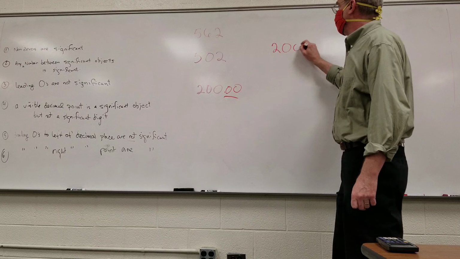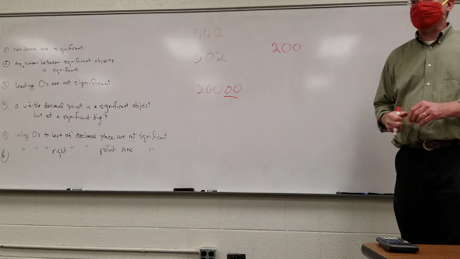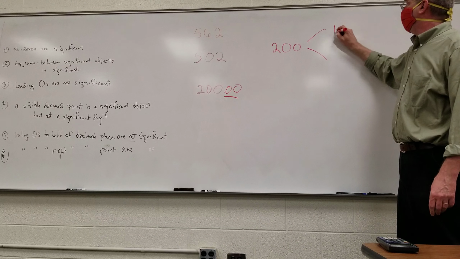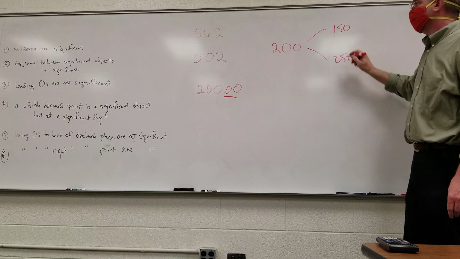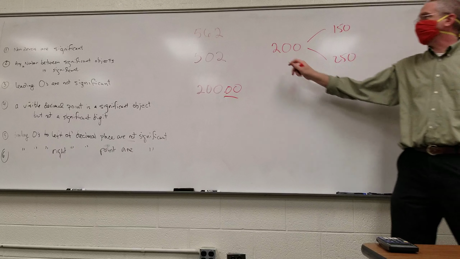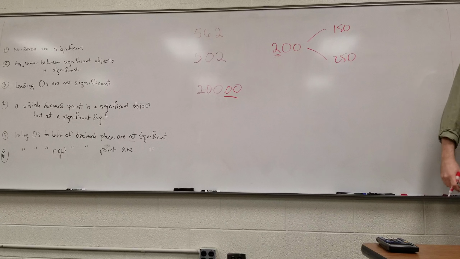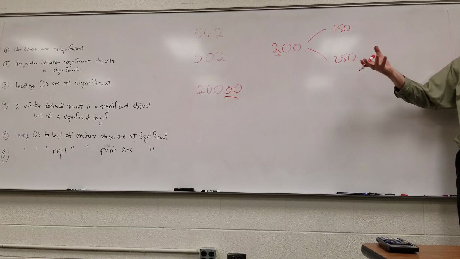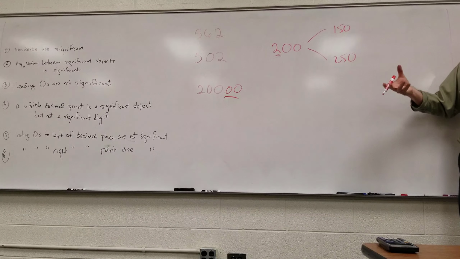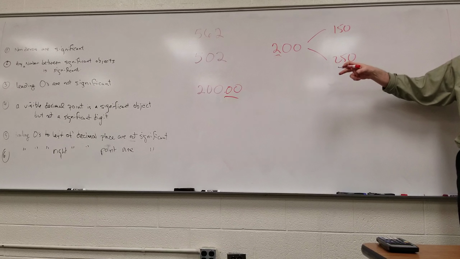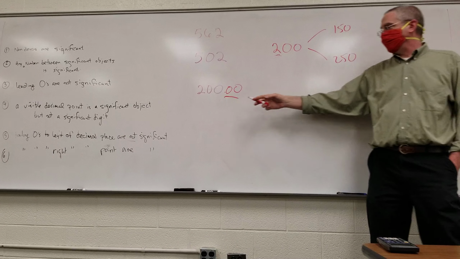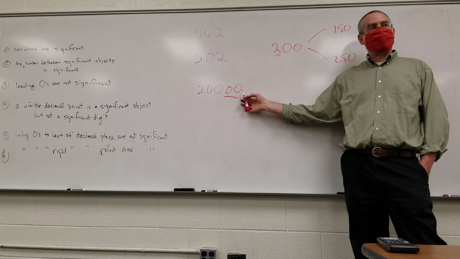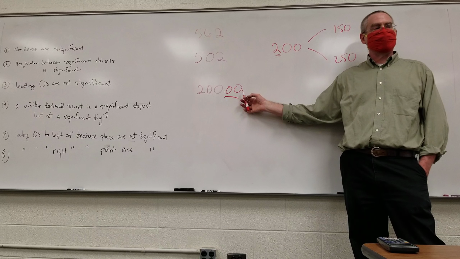If I just wrote down 200, in science, this is somewhere from 150 to 250. We're rounding off to the nearest 100. If I'm rounding off to the nearest 1, so in the case of people, it's an exact number of people, I don't need 2 decimal places there. Because now you're going out to the nearest 100th of a person, and I'm not quite sure what a 100th of a person is unless there's leprosy going on.